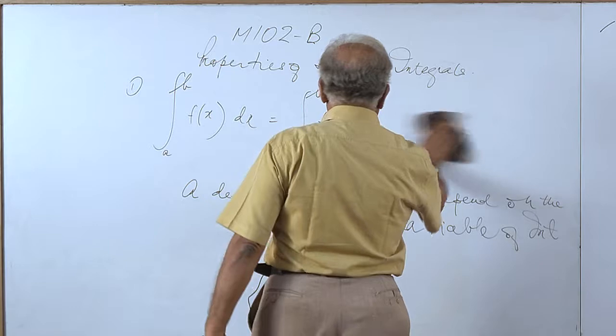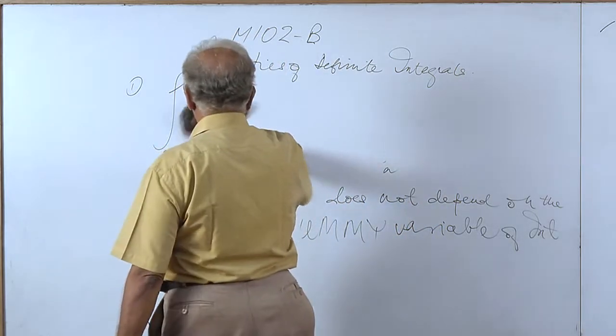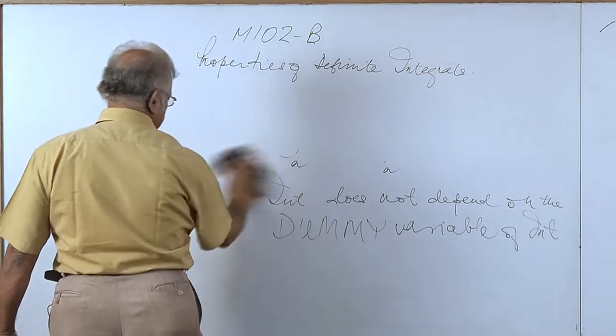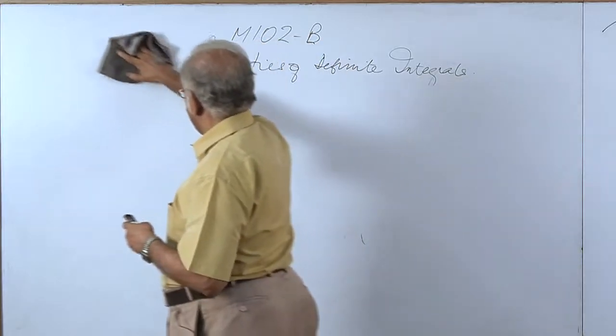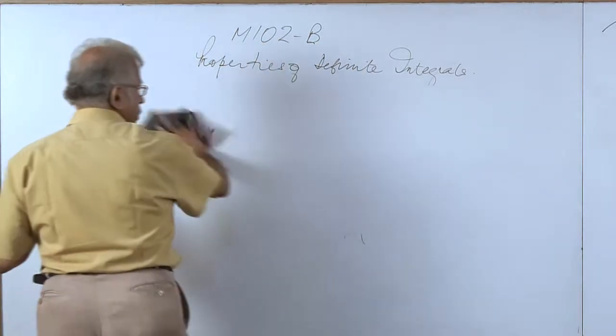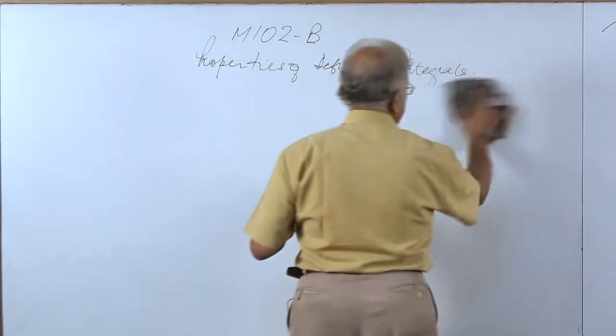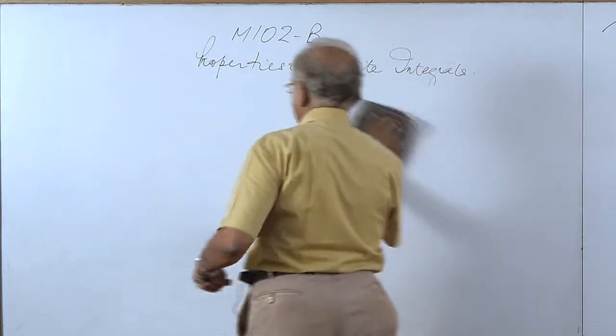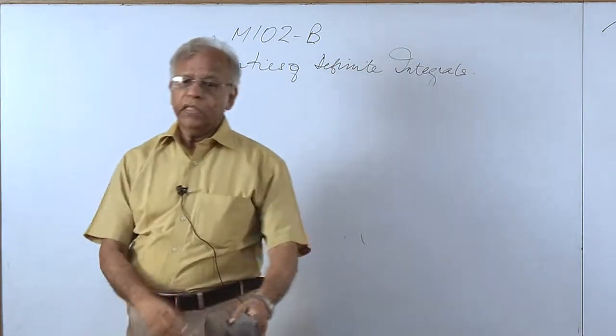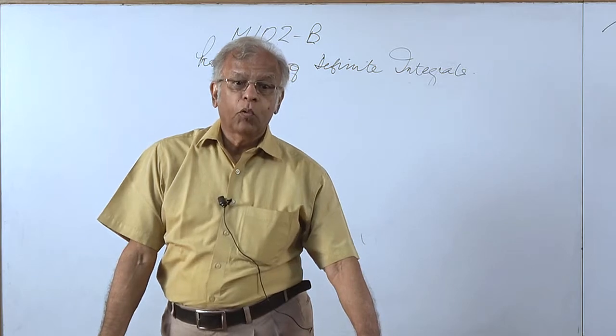The next property which we put up on the board is as follows. We will call it property 2. If we swap the position of the limits, then the value of the definite integral changes only in sign.